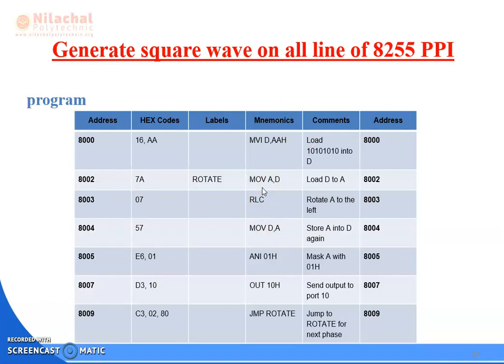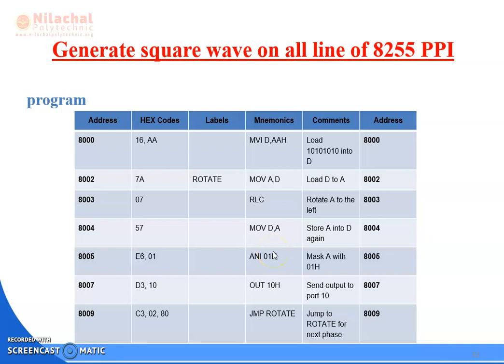Next, generate square wave on all lines of 8255 PPI. So the program is like this. First, MVI D, AAH, that means load 10101010 into D. Next, ROTATE: MOV A, D, that means load D to A. Next, RLC, that is rotate the accumulator to the left.